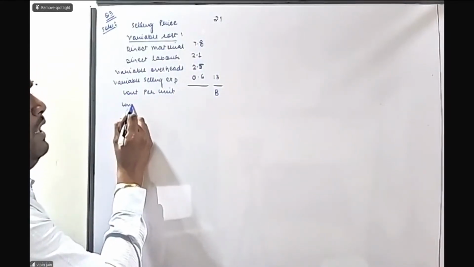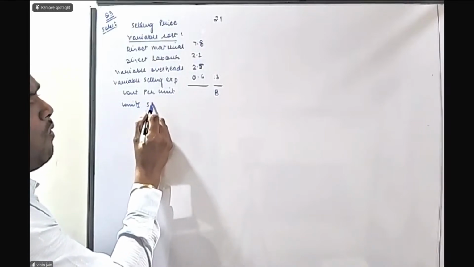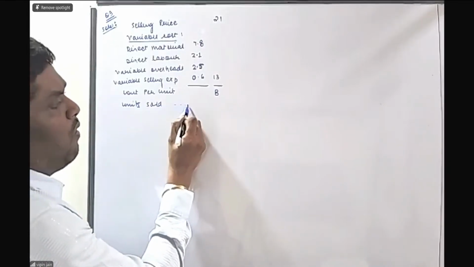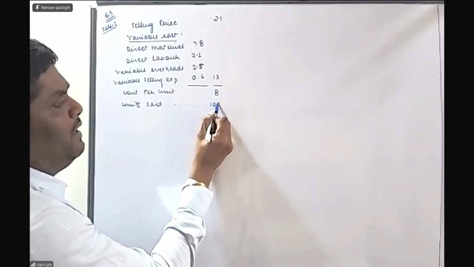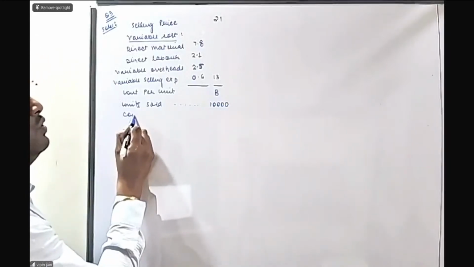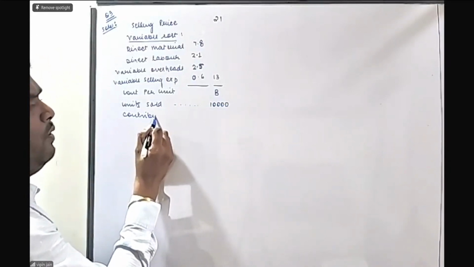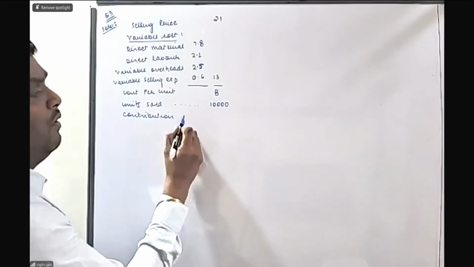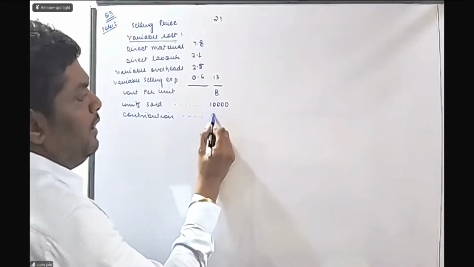Now units sold in quarter are 10,000 units. So total contribution will be how much? 80,000.